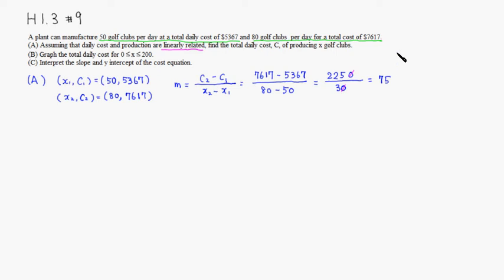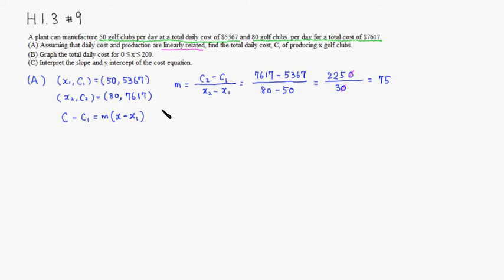So you can use the point-slope form to find the c. Remember that we're using c instead of y. Using the point-slope form, we have c minus c1 equals m times the quantity x minus x1.